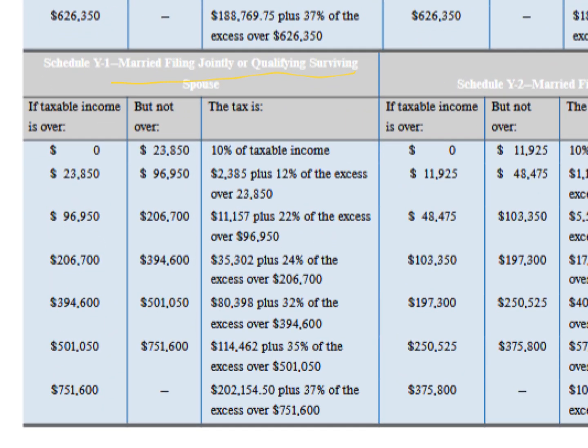So remember, in order to find tax liability, we drop our taxable income into this tax rate schedule, okay? And remember that when they had $160,000 of taxable income, they were in this 22% bracket.